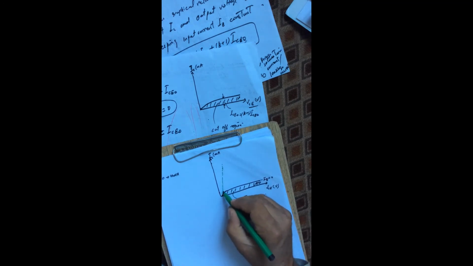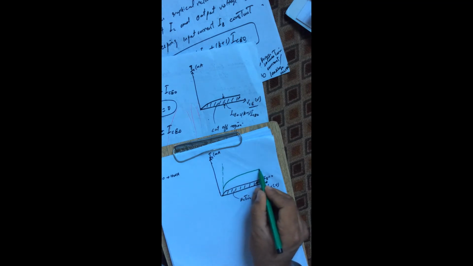And this is the case when the input current IB is equal to 0. Now as we increase IB from 0 to, let's say, 10 microampere, then what will happen? The output current will vary with output voltage like this. This is for IB equal to 10 microampere.